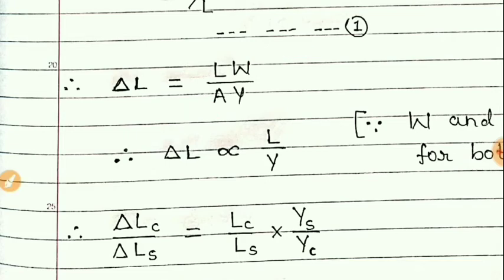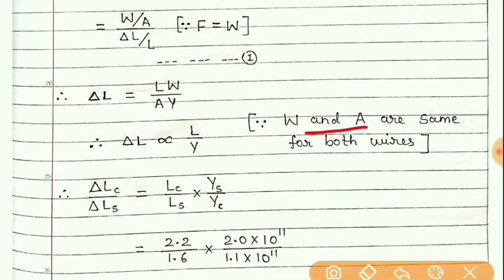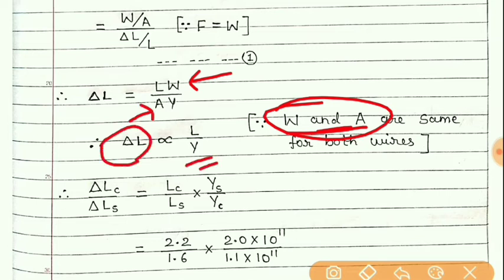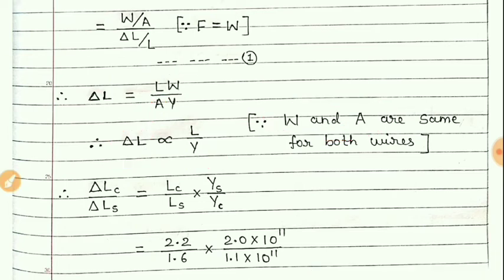So we can consider W and A as constant. If we remove these constants, we can write delta L is proportional to L by Y. Simply remove W and A. What remains? L upon Y. So delta L is proportional to L upon Y.